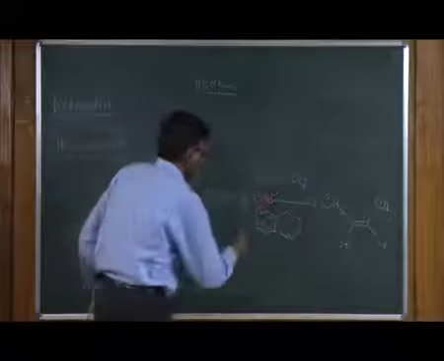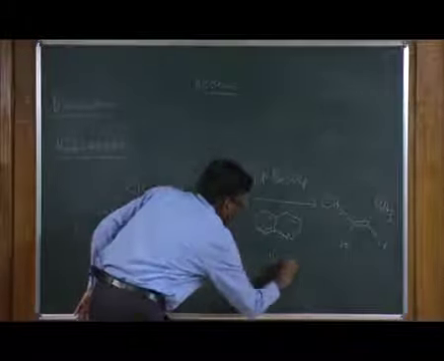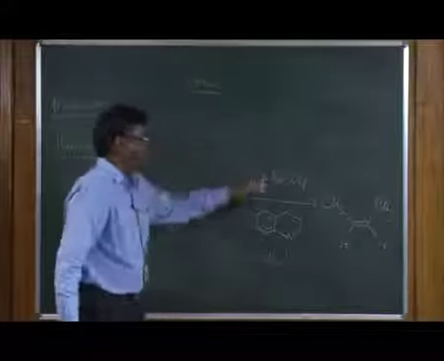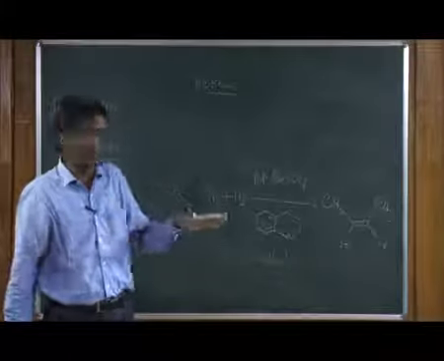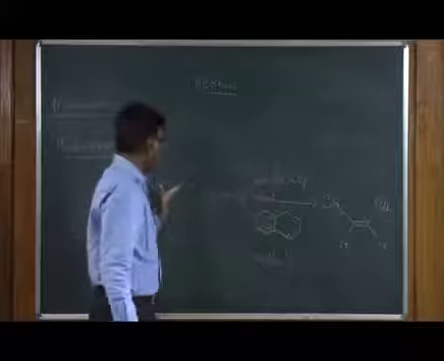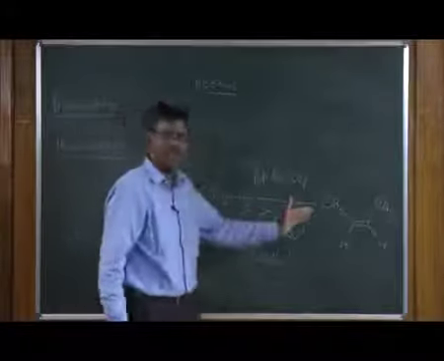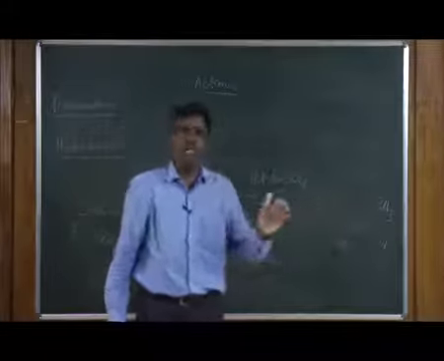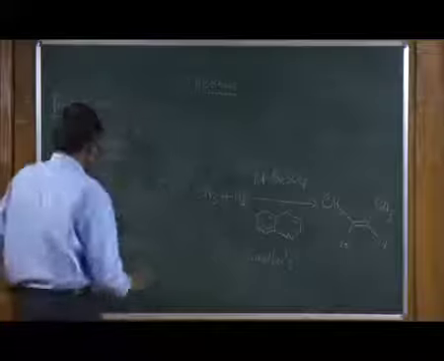This is also called Lindlar catalyst, and the palladium is supported on barium sulfate or calcium sulfate. In the presence of quinoline the reactivity of this catalyst is reduced, so that you can partially reduce the carbon carbon triple bond to a carbon carbon double bond with syn stereochemistry. And how does the reaction take place?